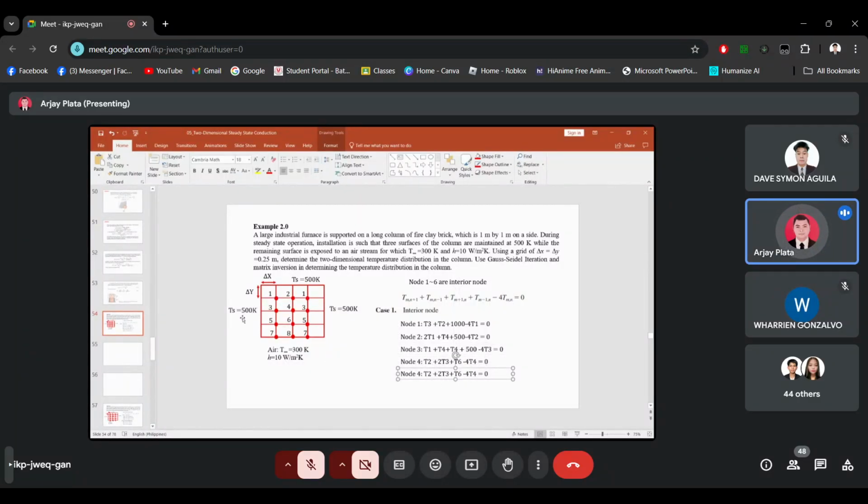So this is our node 5. The neighboring nodes are T3, T6, and T7, plus 500 here.